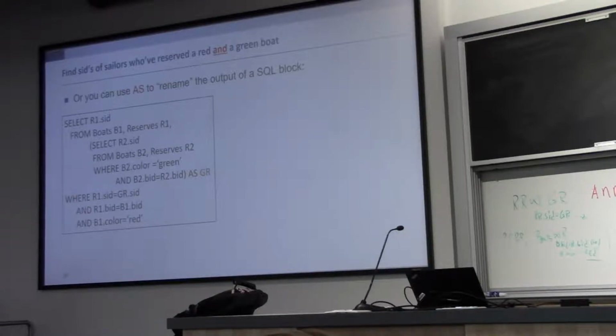So in this case, I have one select-from-where, but in the construction of that, I'm using another select-from-where. That's the second block.